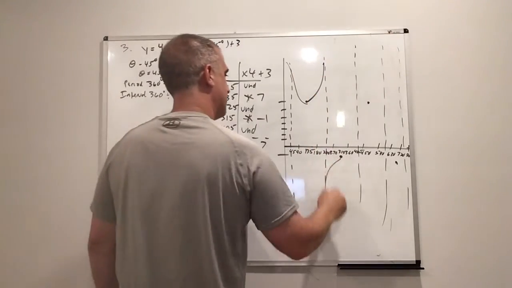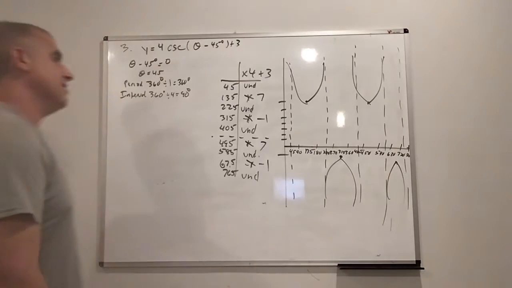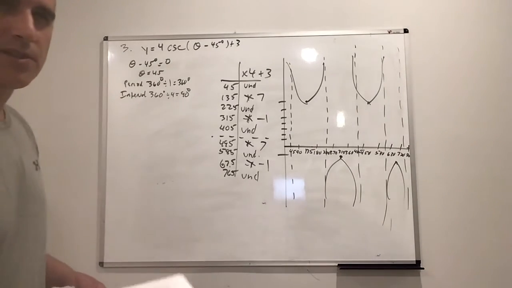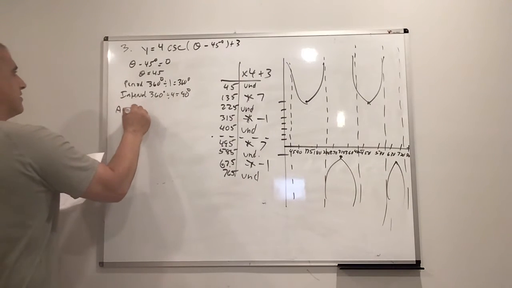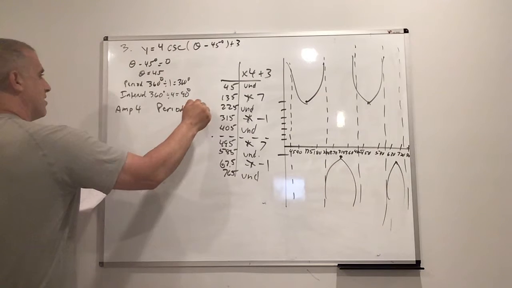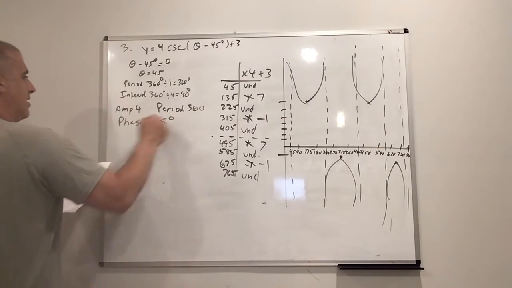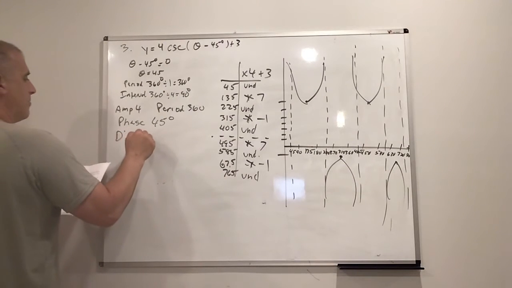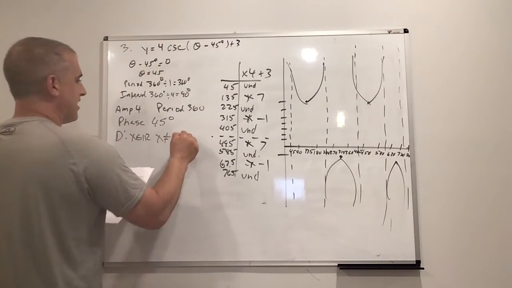Boom, boom, boom, boom. So to find the rest of this stuff here, our amplitude is 4. Our period, which we figured out already, was 360. Our phase shift was 45. Our domain is going to be all real numbers, except x can't be 45 degrees, that's our first asymptote.